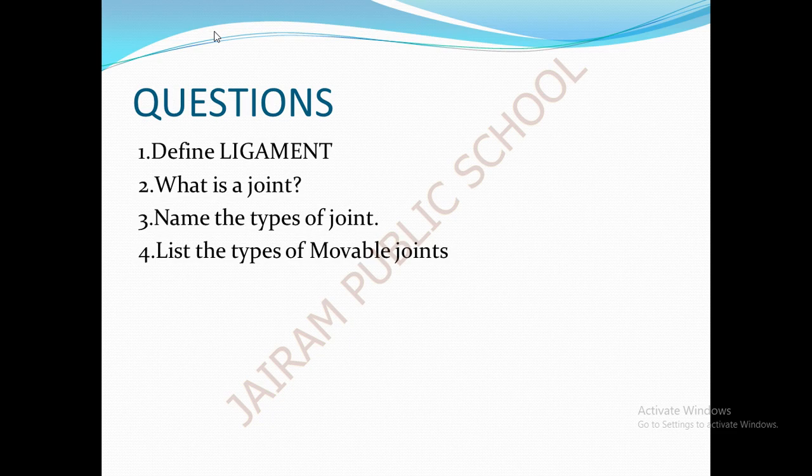The first question is, what is a ligament? A ligament is a strong connective tissue that holds the bones of our body together. So, the ligament is the connective tissue which joins the bones of our body to give a perfect structure.